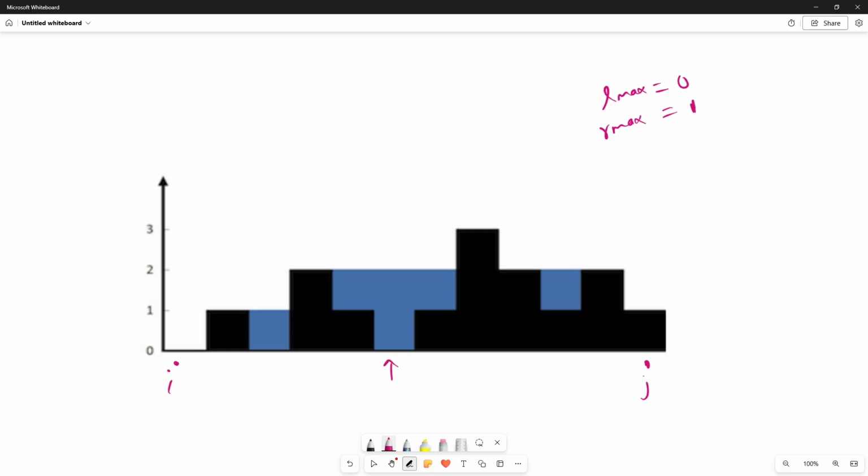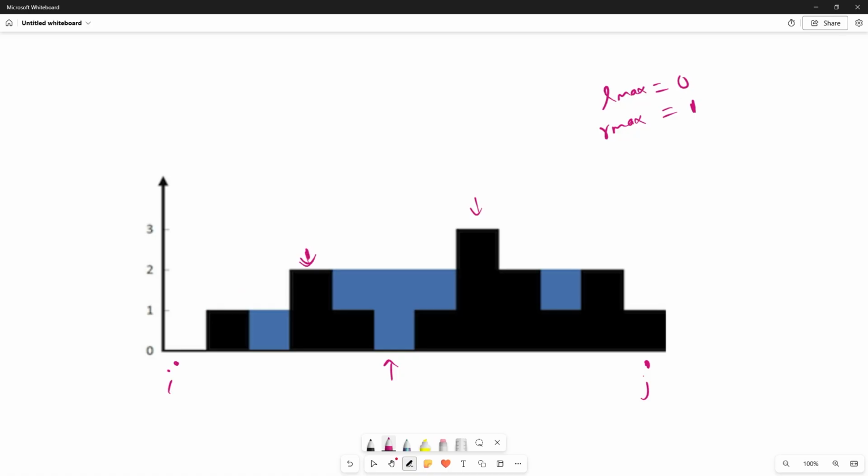Now, where should we collect the water, at the ith position or the jth position? In the previous solution, we did that optimization that we will include the Lmax and Rmax for the current index also. So, for example, if we were standing at this position, what is Lmax?